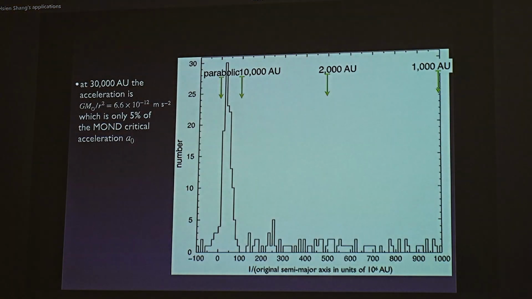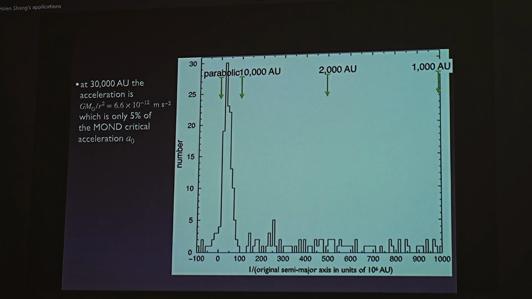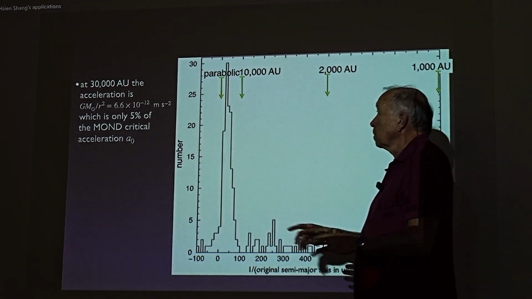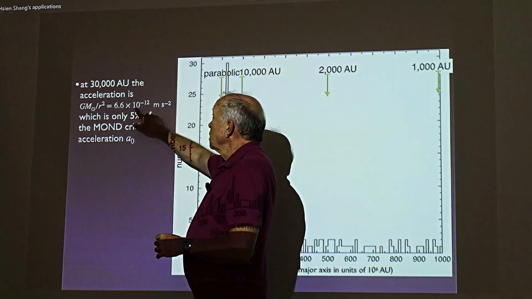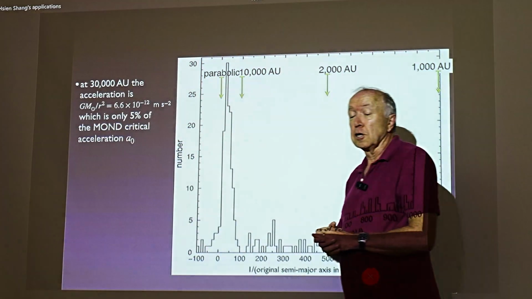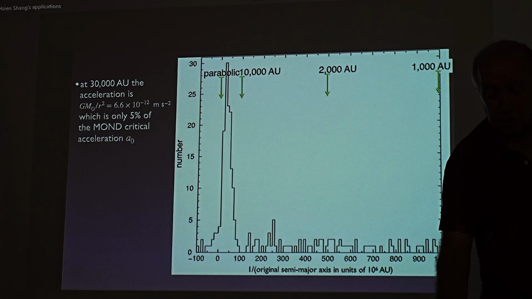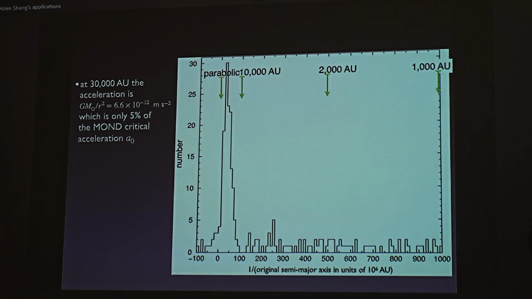Okay, so once again, you've seen this plot before, and the point I want to make at this point is that if you're out in the Oort cloud, the acceleration at 30,000 astronomical units is only about 5% of the MOND critical acceleration, and so it's in a regime where dynamics should be strongly modified by MOND, and it's natural to ask if the good results of the standard model persist if you replace Newtonian mechanics with MOND mechanics.